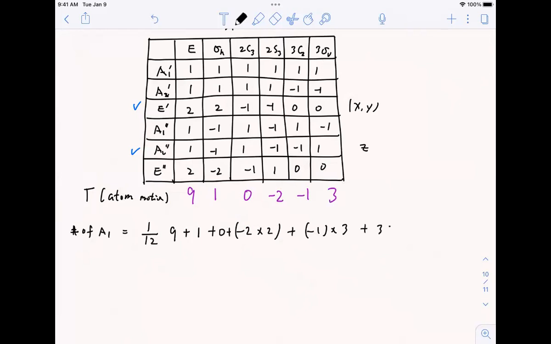You just times this, and then also with this number together. And then what do you get? You have 10 here. 10 minus 4 is 6. 6 minus 3 is 3.